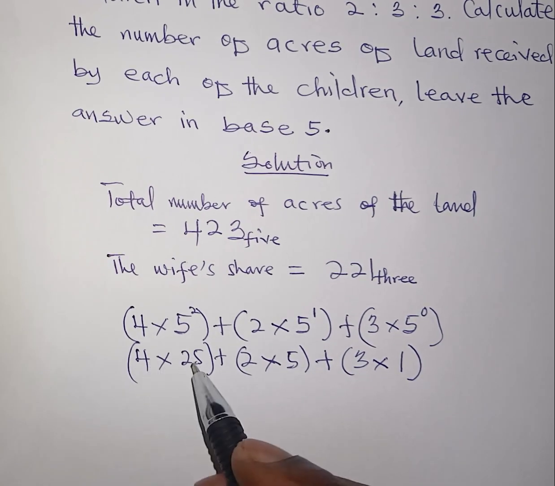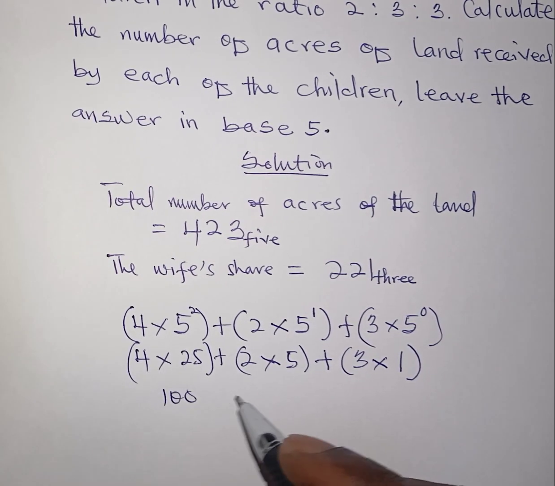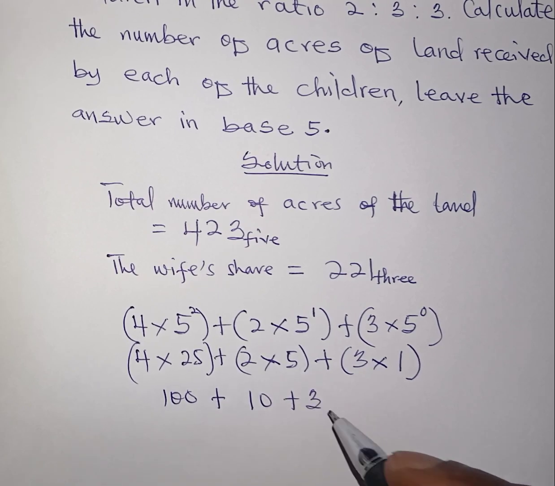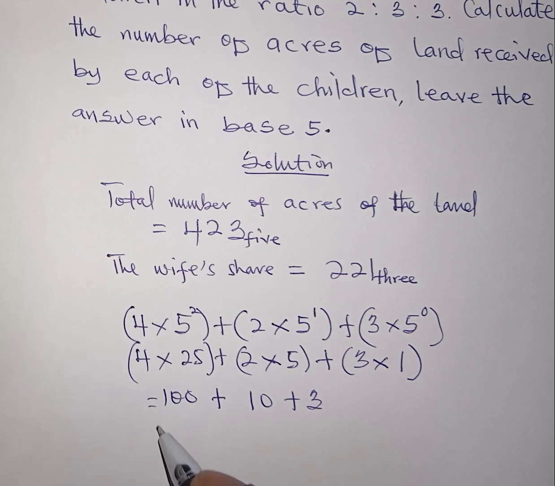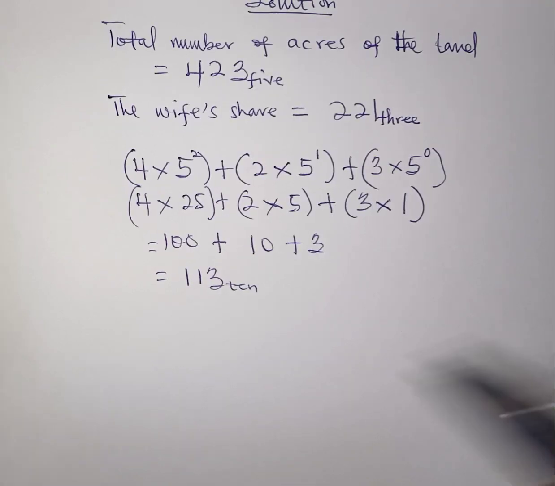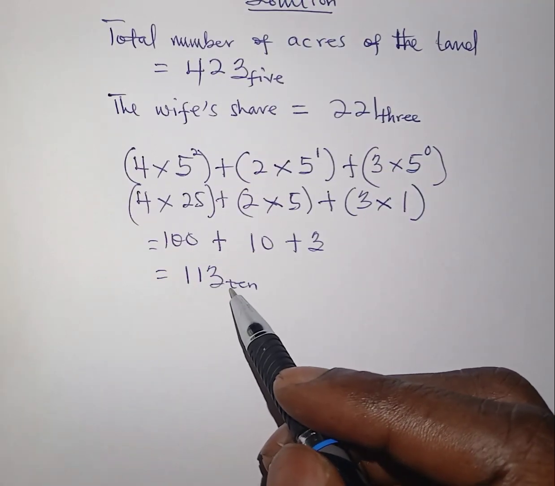So this gives me 100 plus 10 plus 3, which is 113 base 10.